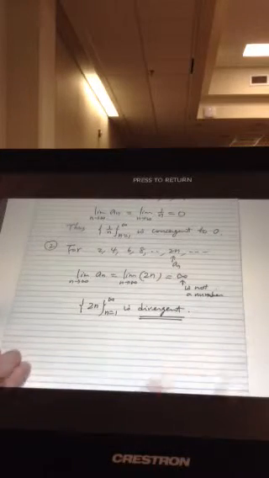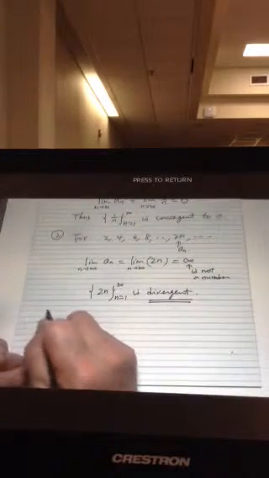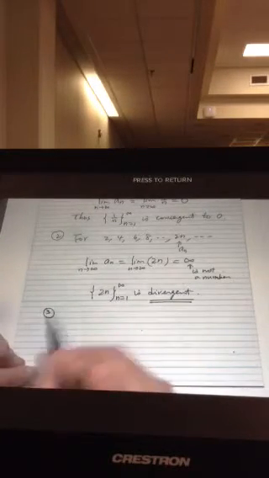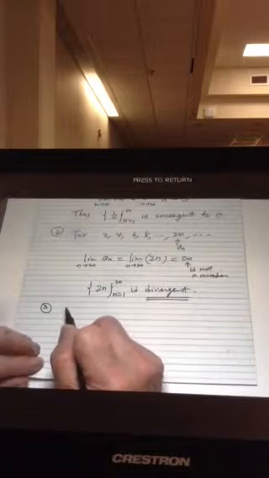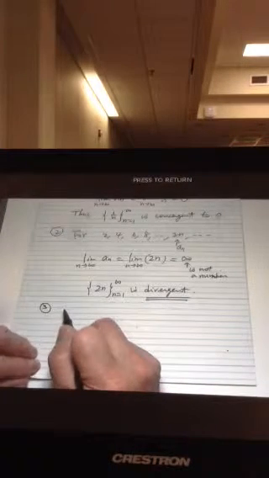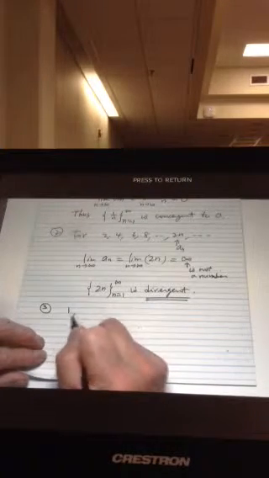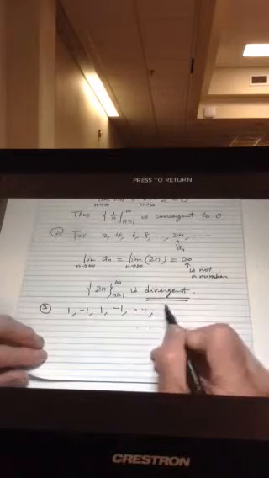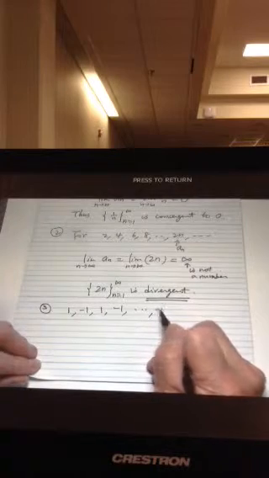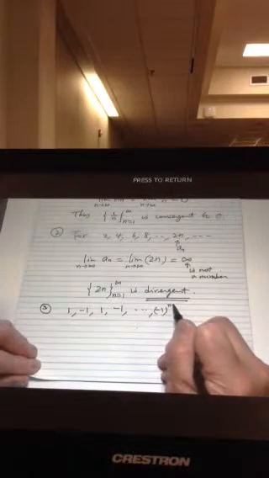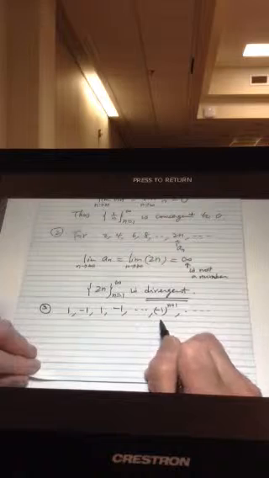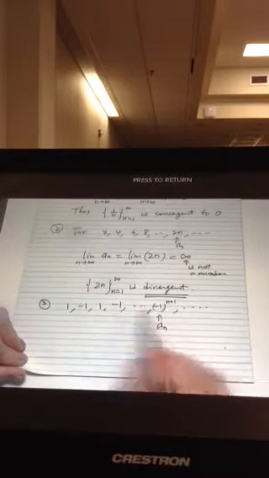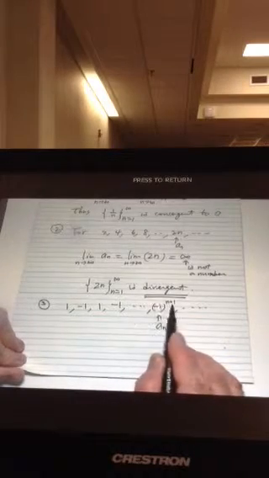Alright, now let's look at another example. Number 3. That's not an example we have here, but another example, and this is interesting. How about 1, minus 1, 1, minus 1, alternating: negative 1 to the n plus 1 power. This is a_n. When n is 1, negative 1 squared is 1.